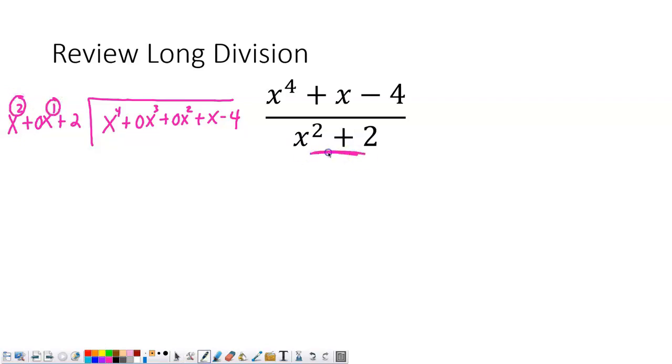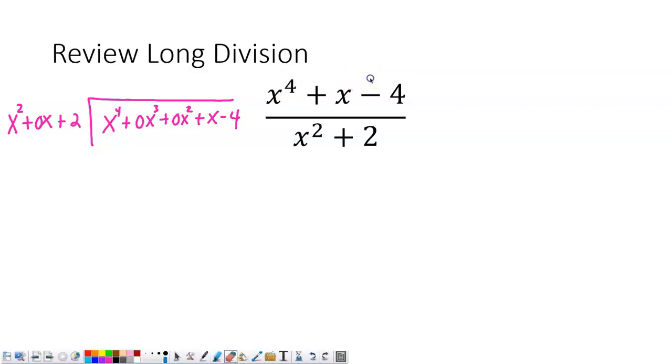We were missing that 1 power in the middle here, so we had to put that there with a 0. Same thing with the top. The top goes from 4 to 1, so we're missing powers of 3 and 2. So I had to put a 0 to the third and a 0x to the second to make sure that all my terms are accounted for. All right, so now we're on to the next step.